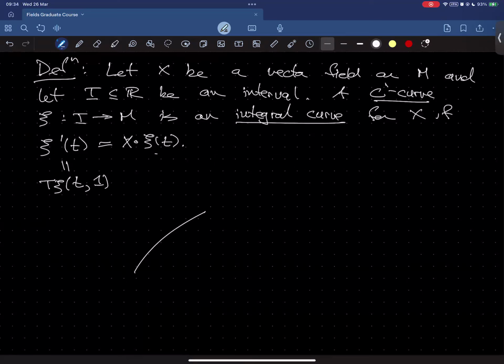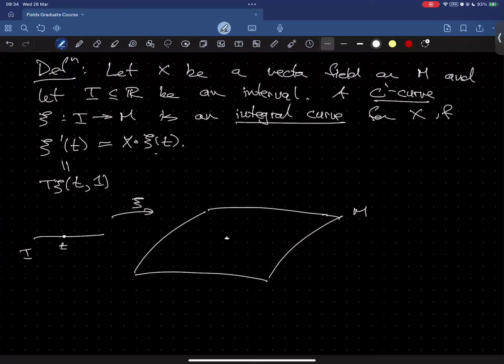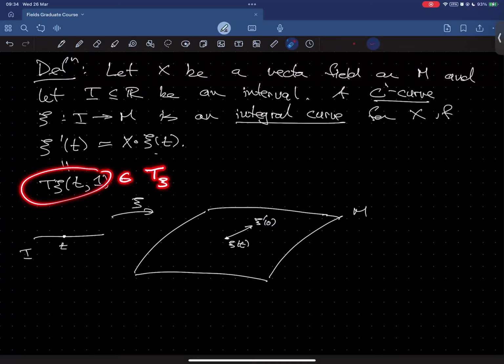So there's a sort of picture you have in your mind here. Let's say t, here's C of t. At this point I have two things, because this thing lives in the tangent space at C of t of M. So it's a tangent vector.